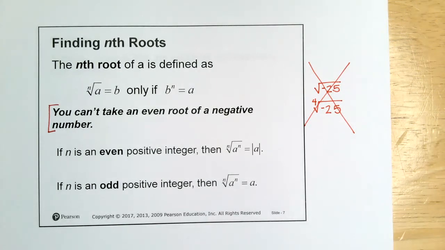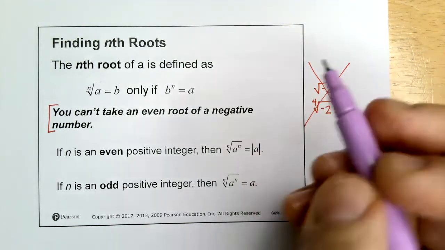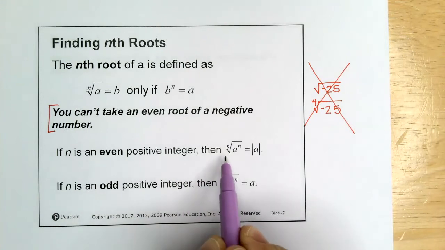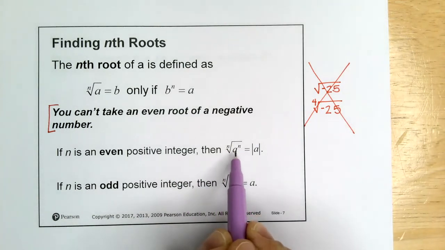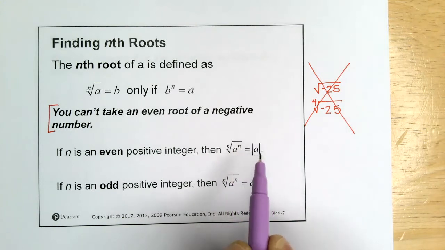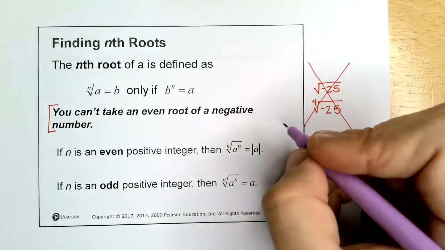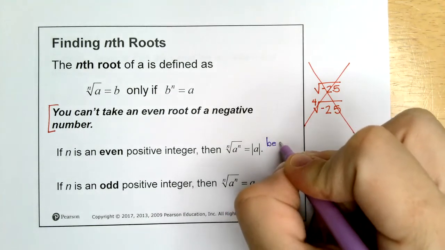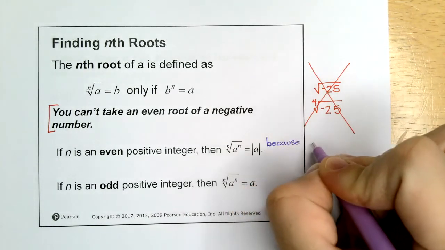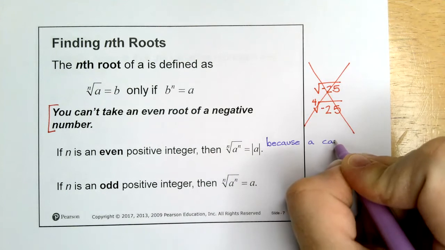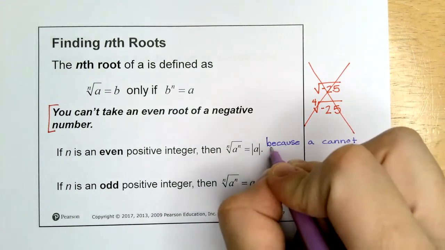Sorry, I apologize. I wanted to make super clear. If n is an even positive integer, then the nth root of a to the n is equal to the absolute value of a, because a cannot be negative.